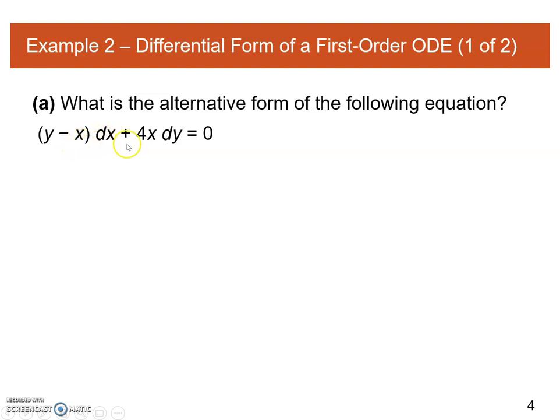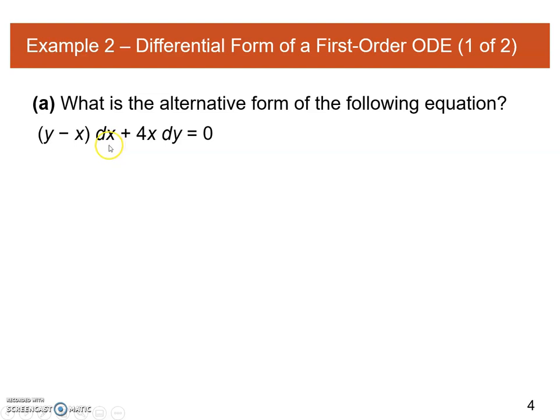This is another form of the differential equation. Its alternative form, or maybe the form with which we are more familiar, is the one that will contain the terms dy over dx instead of just dy and dx.